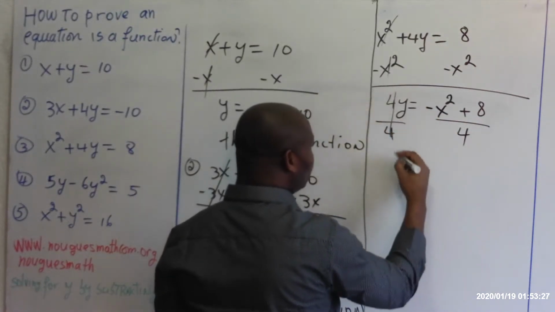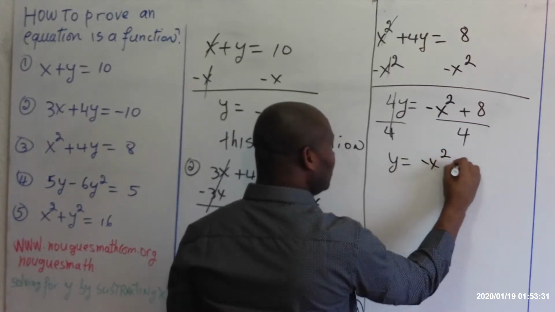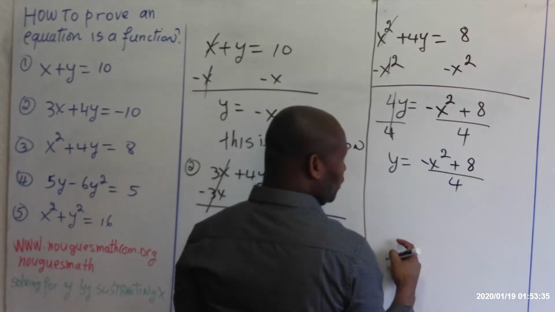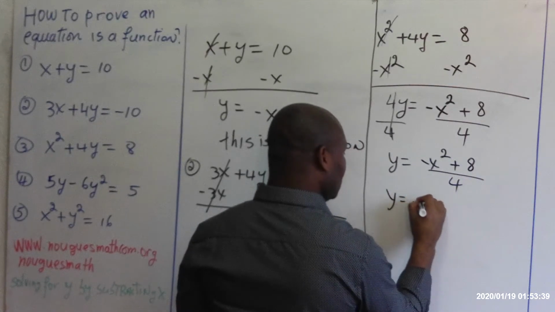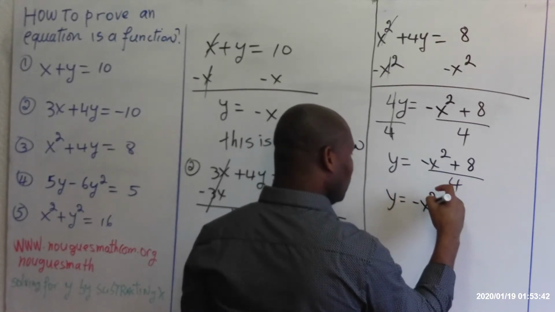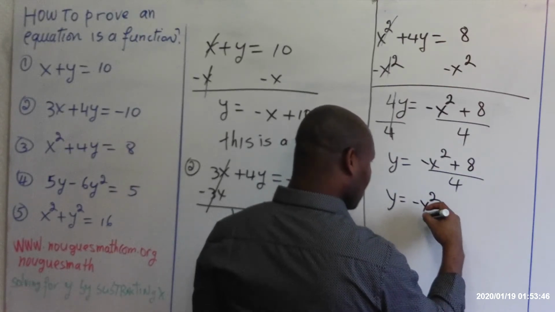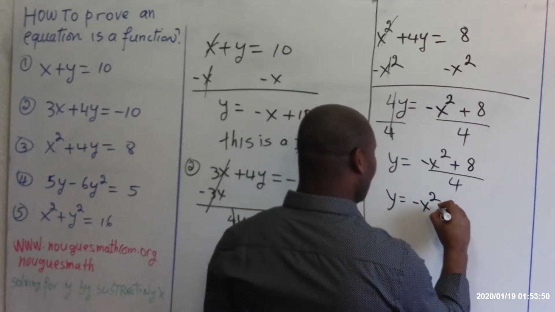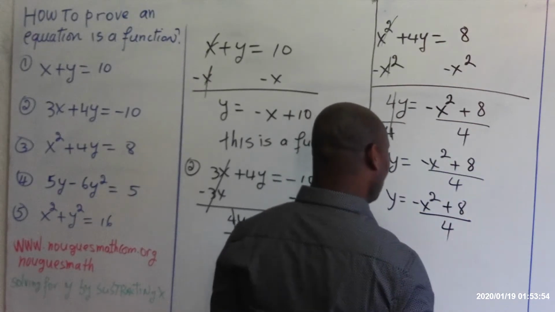Y equals negative x squared plus 8, over 4. You can simplify: 8 divided by 4 is 2. Or you can leave it like that, 8 divided by 4.